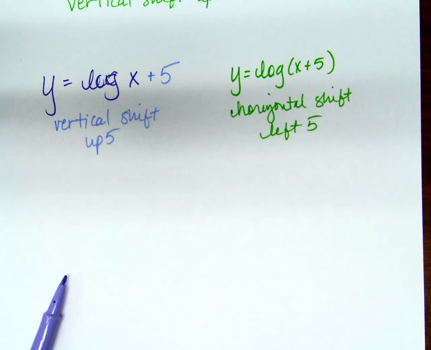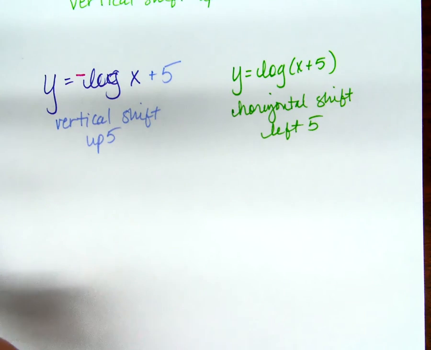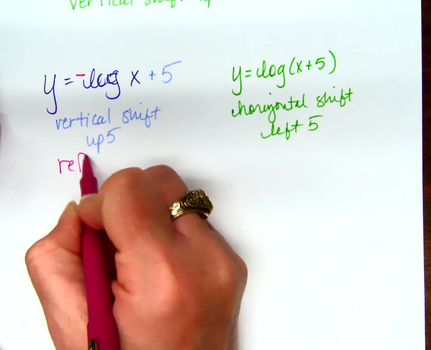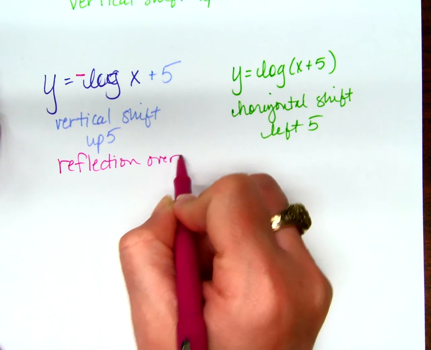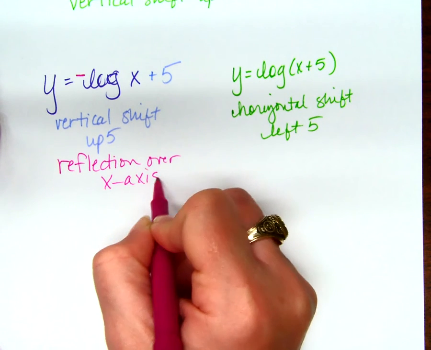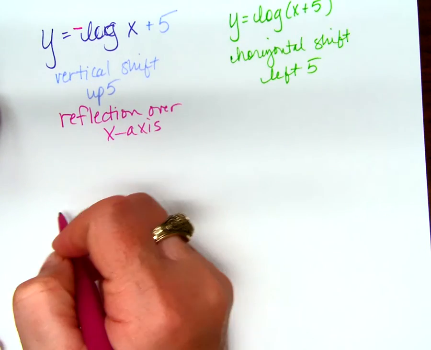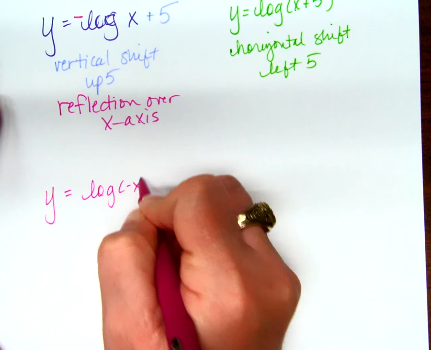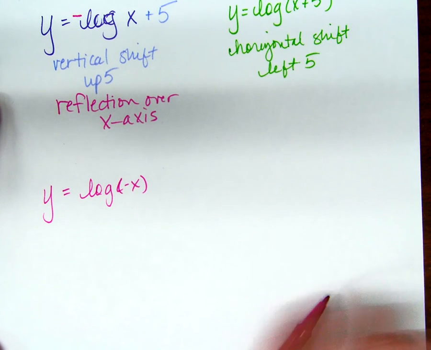Reflections. Can I remind you of a couple of those? If there's a negative on the outside right there, what does that cause? Reflection over the x-axis. What if it looks like y equals log of negative x? That's a reflection over the y-axis, right?